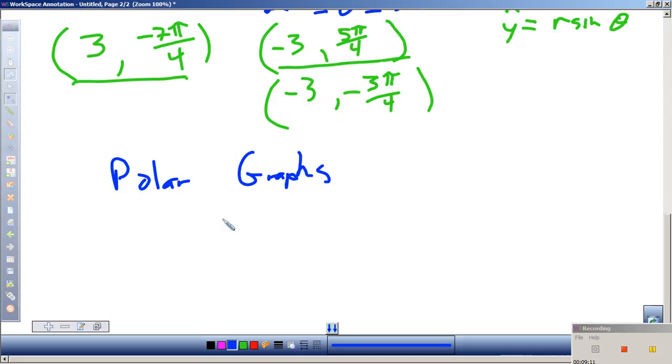So something like r equals 3 sine of 2θ. How do you graph that either by hand or using a calculator? What would it be if we wanted to do it by hand, but we want to mark the points as we go around? Anybody know the easiest way to do that?